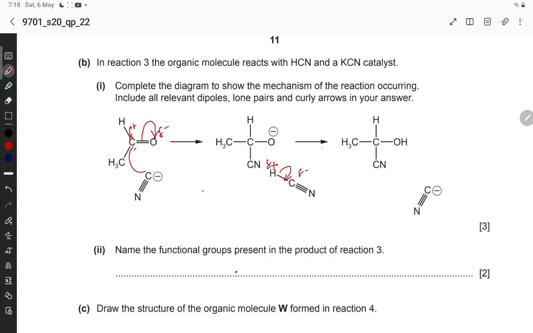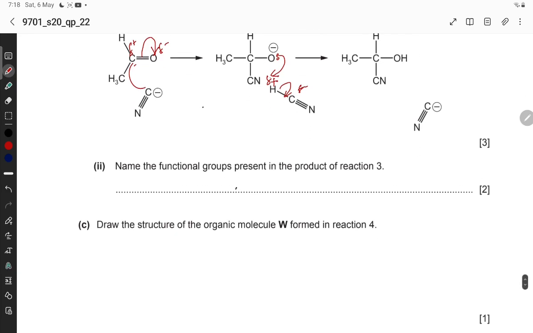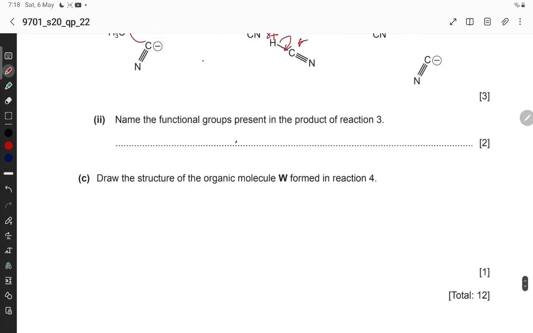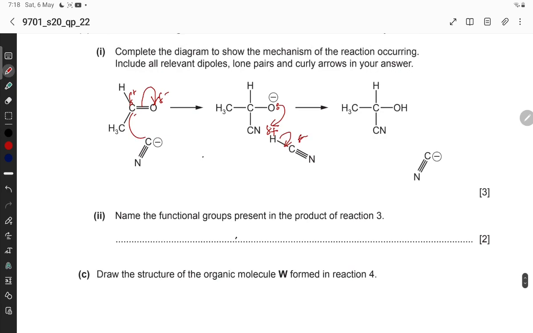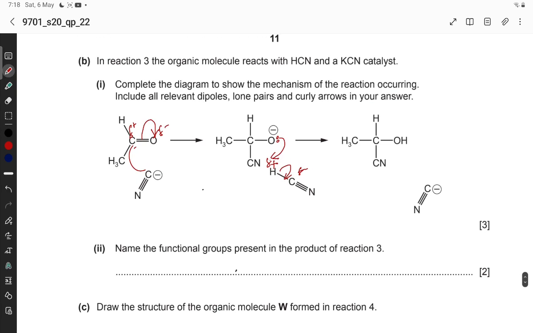Partial positive, partial negative. Name the functional groups present in the product of reaction 3. Product of reaction 3: nitrile and alcohol.